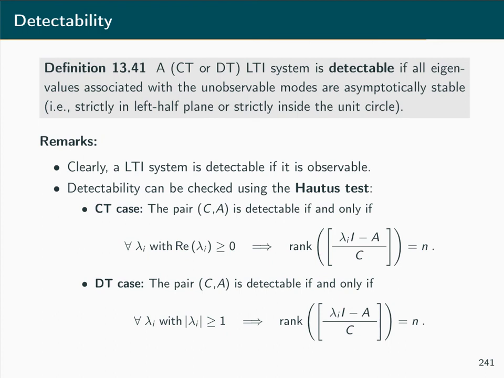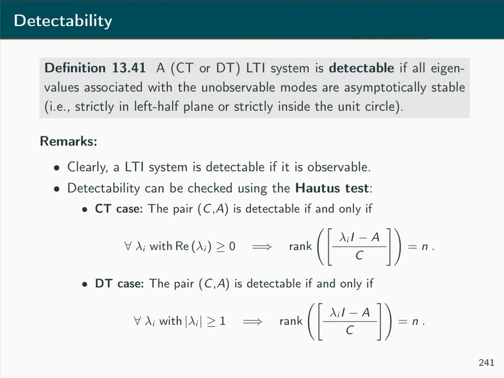Clearly, detectability is a weaker concept than observability, because every system that's observable will also be detectable, or phrased differently, a system is detectable if it is observable.